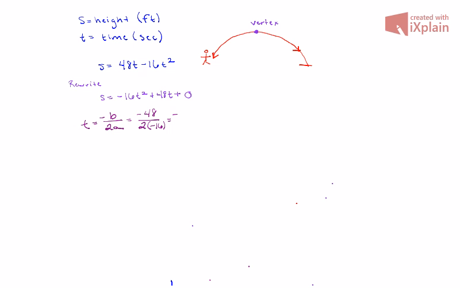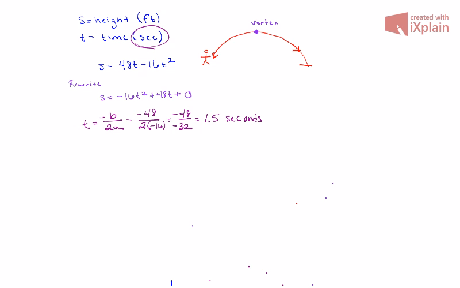If we cleaned this up, this would be negative 48 over negative 32. Either do the math in your head or defer to a calculator to finish the calculation. This simplifies down to a positive 1.5. And since we're talking about t, this is 1.5 seconds.